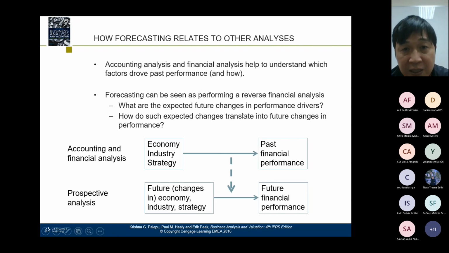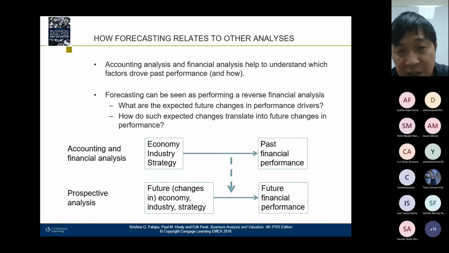Okay, so how does forecasting relate to other analyses? Accounting analysis and financial analysis help to understand which factors drove the past performance. Forecasting can be seen as performing a reverse financial analysis. What are the expected future changes in performance drivers?